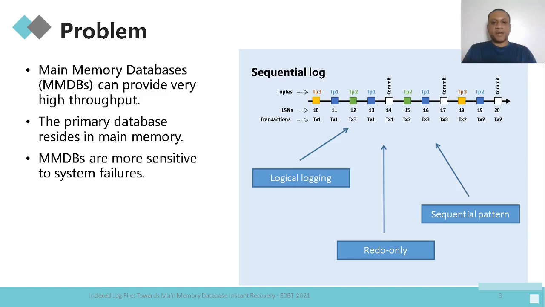As the log file is sequential, after a failure, the log records are sequentially read to recover the database. It's important to point out that the database is available only after the recovery process is finished.